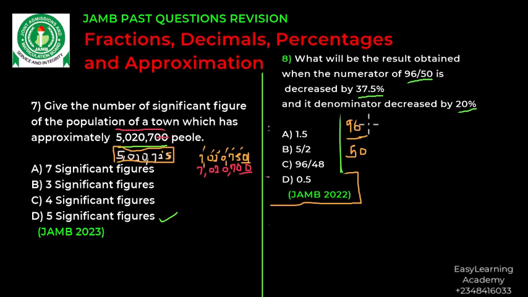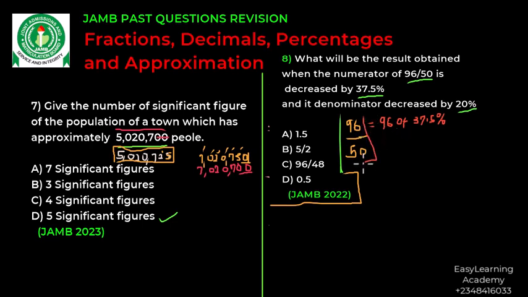So here we are going to have 96 of 37.5%. I think we have space, so let's play with space. I don't want us to confine our solving, so let's free up.